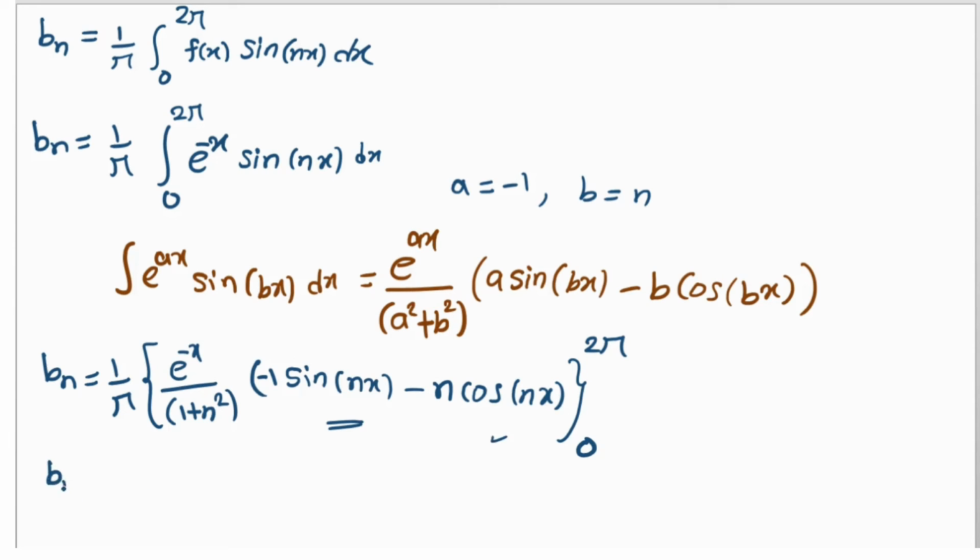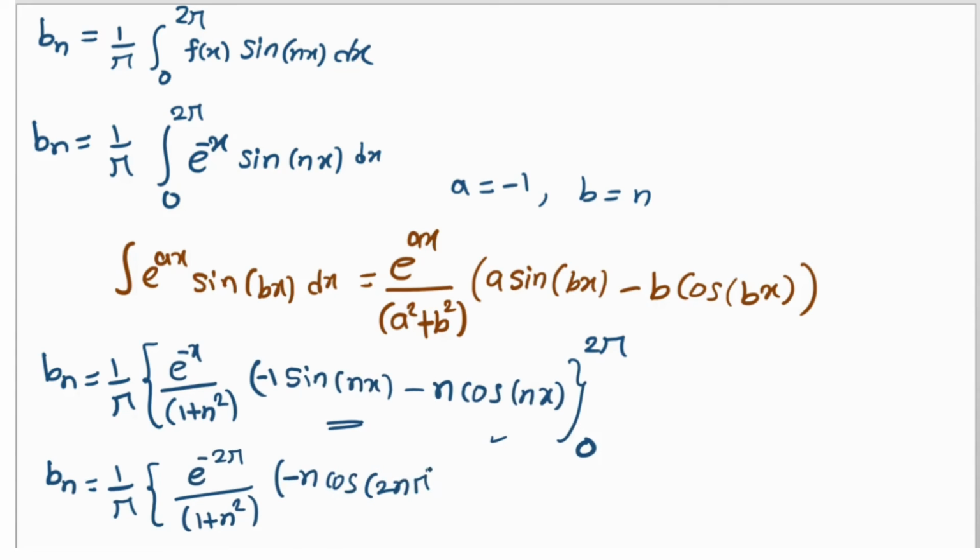So therefore, bn is 1 upon pi as it is. Put the upper limit e raised to power minus 2 pi divided by 1 plus n square. Here minus n cos 2n pi, minus of lower limit e raised to power 0 divided by 1 plus n square minus n cos of 0.